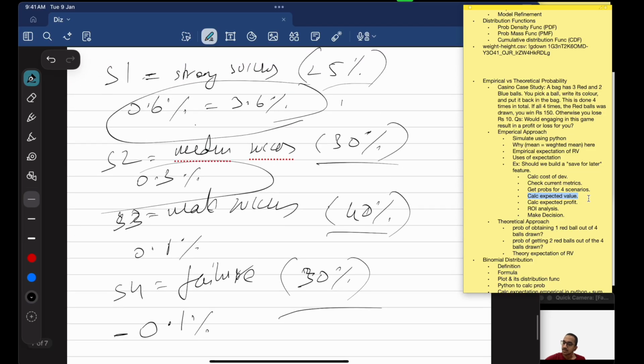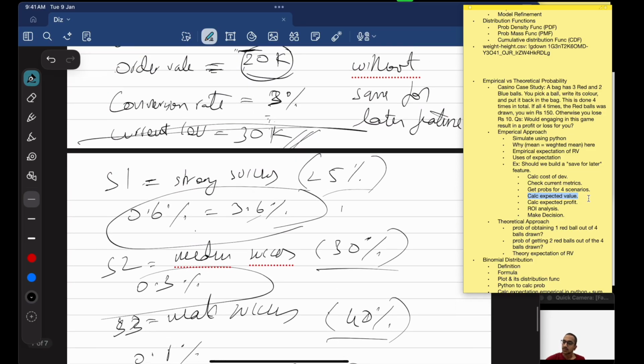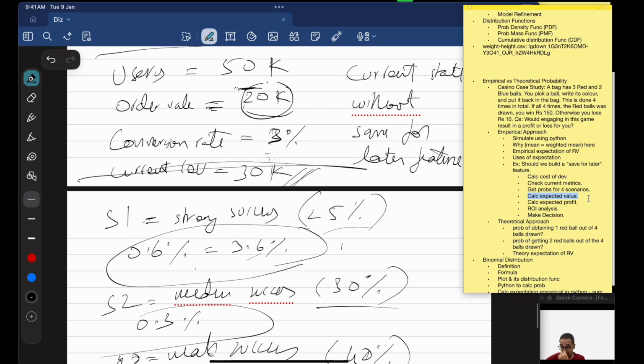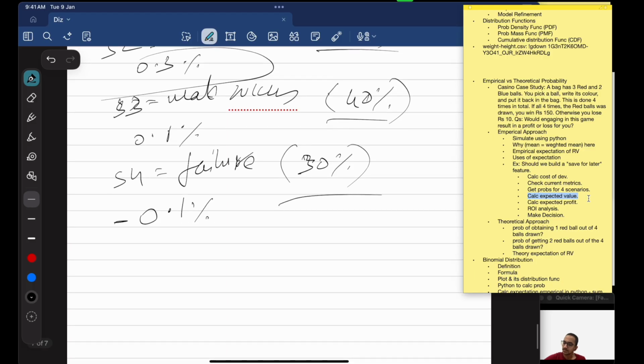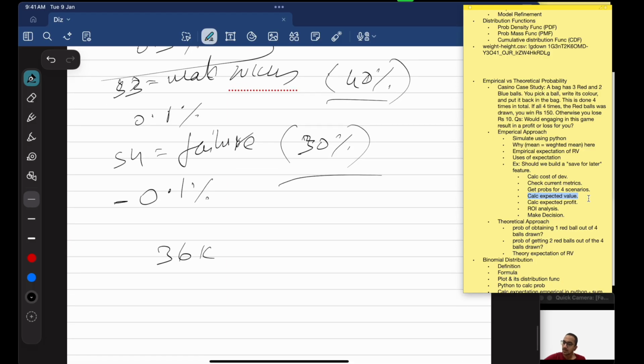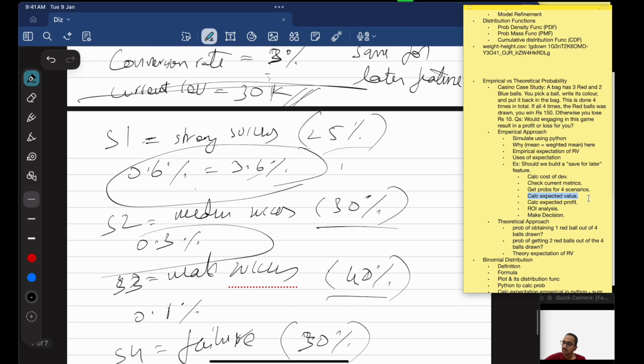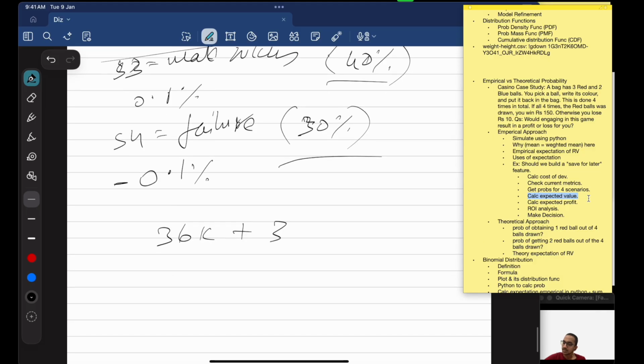So let's say this came around 36k, the next one came around 33k, another 32k, and then one went below to 31k, and the one went below to 29k, right?